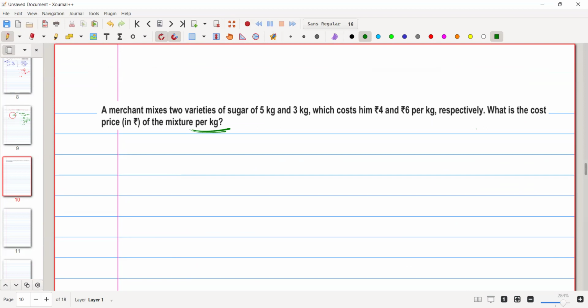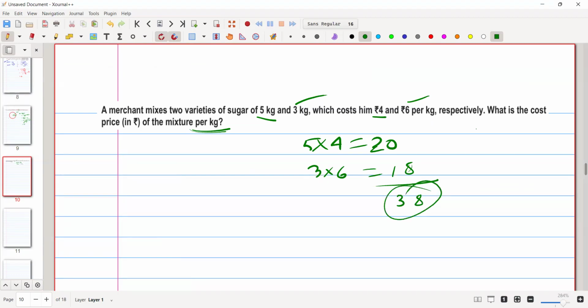So we need to find the total cost of 5 kg at 4 rupees, and that will be rupees 20, and 3 kg at 6 rupees per kg. So 3 into 6, 18. Just make additions, you can get 38. So 38 rupees is the price for 5 plus 3, that is 8 kg.